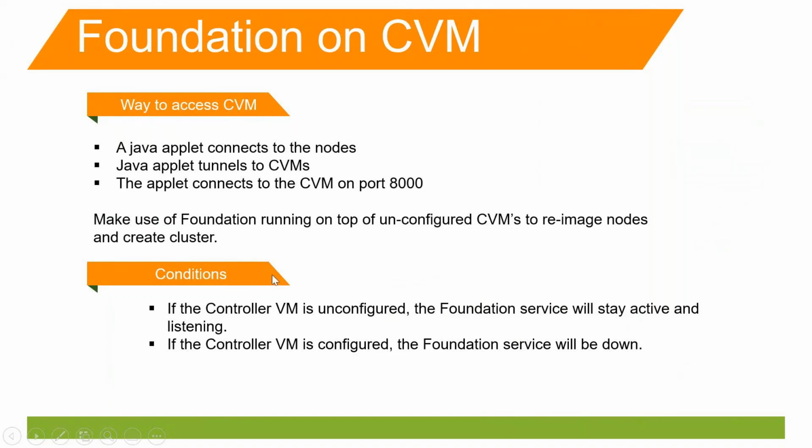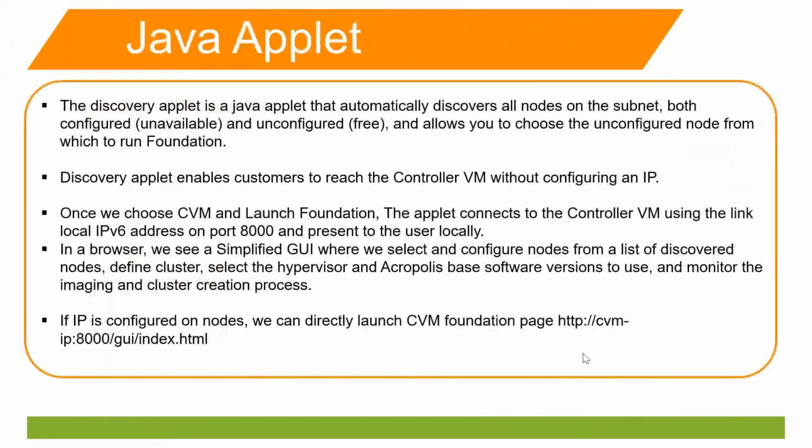And the conditions: if the CVM is unconfigured, the Foundation service will stay active and listening. If the CVM is configured, meaning it is already part of a cluster, then the Foundation service will be down. The Java applet automatically discovers all the nodes on the subnet, both configured and unconfigured, and allows you to choose the unconfigured node from which to run Foundation.